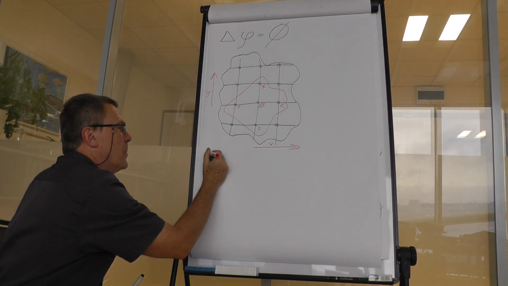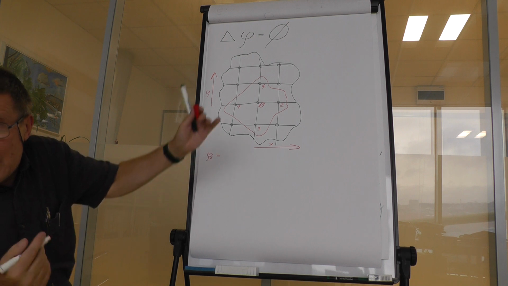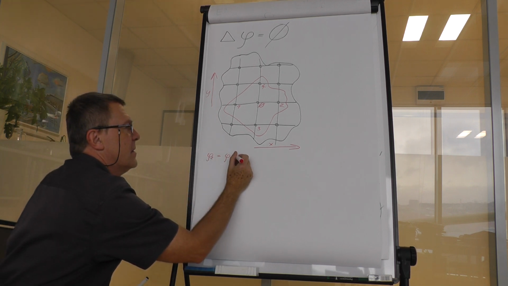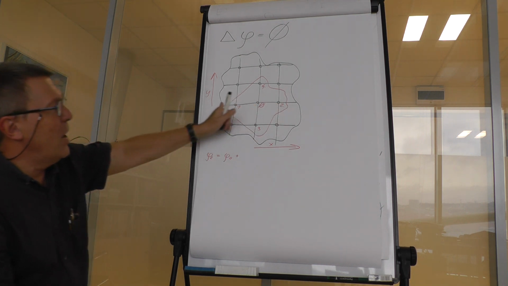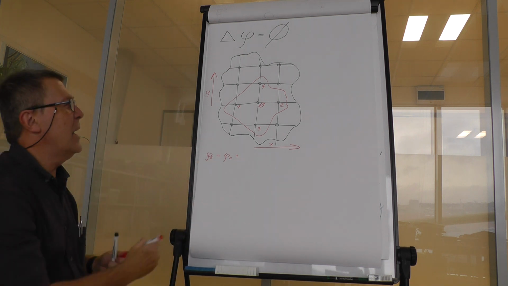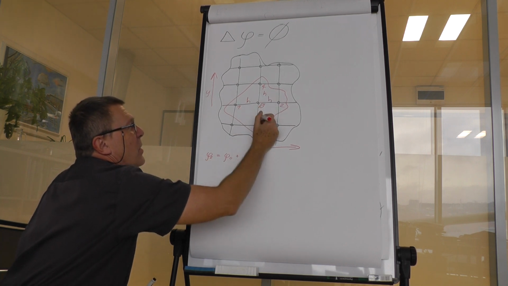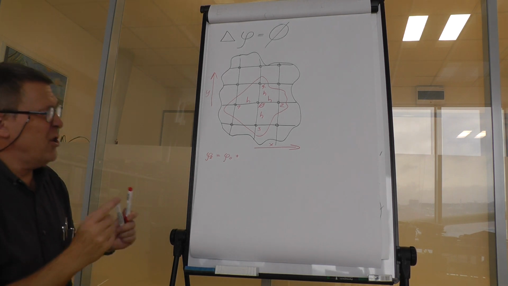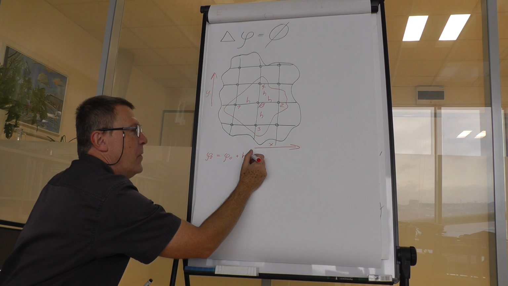We have phi 2, and it should be the value at the starting point. So the starting value is phi 0 plus, well, we have to somehow call the distance, the step between those two cuts, and I will call it h. So we have the same step in all 4 directions, h. So there will be h times the first derivative of phi.